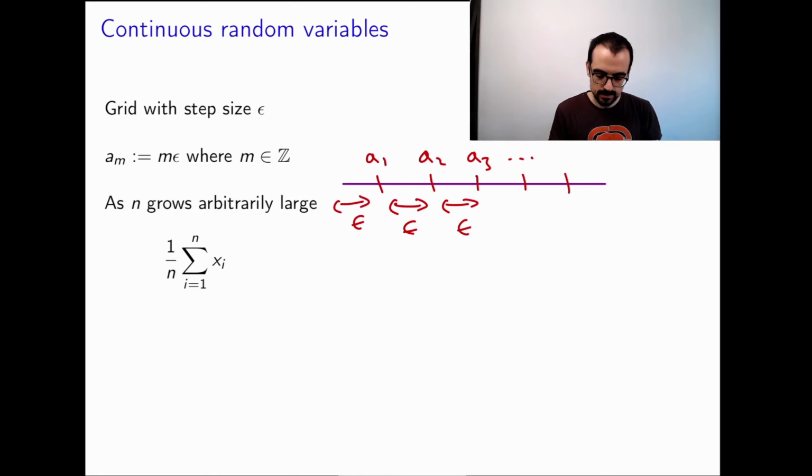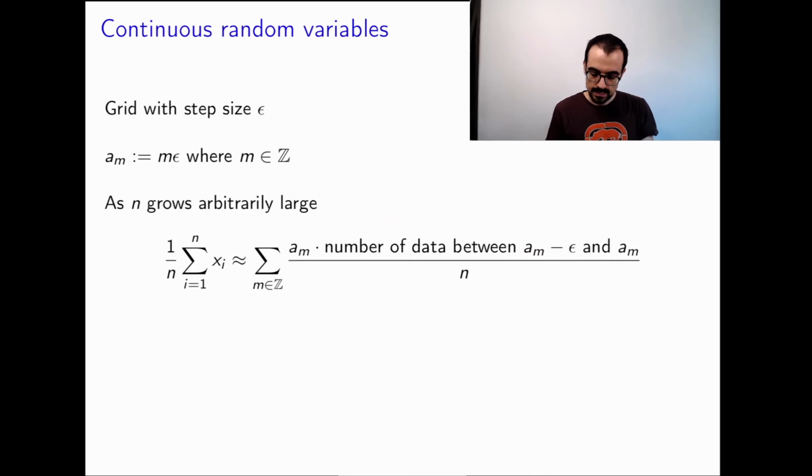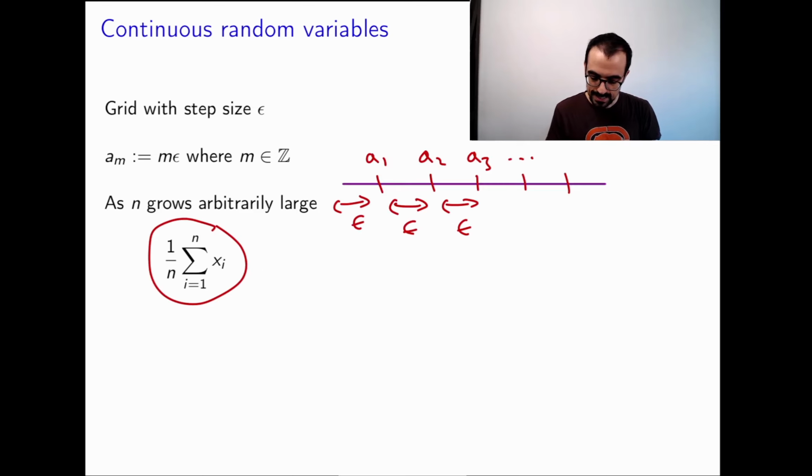And now I'm going to look at this average. I'm going to do roughly the same as I was doing for the discrete values. I'm going to say, how many times do I have something close to A2? I'm going to basically map all of these to A2, and then all of these to A3, and so on.